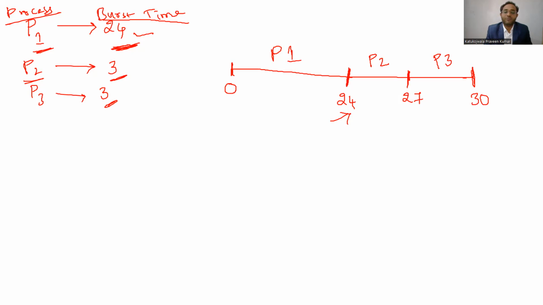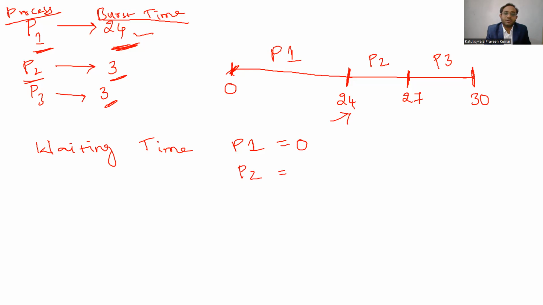Now we have to find the waiting time for each and every process. What is the P1 waiting time? How much time has it waited in the queue? 0, right? It started at the point of 0, so it has not waited any time. P1 waiting time is 0. What is the P2 waiting time?